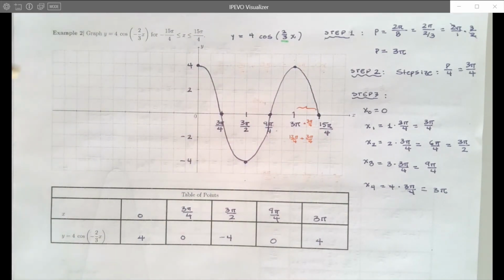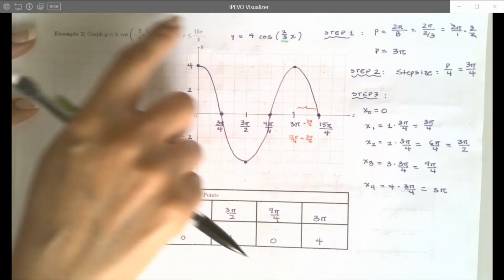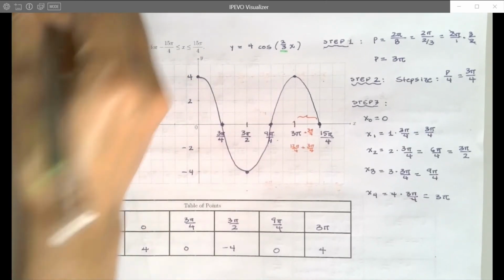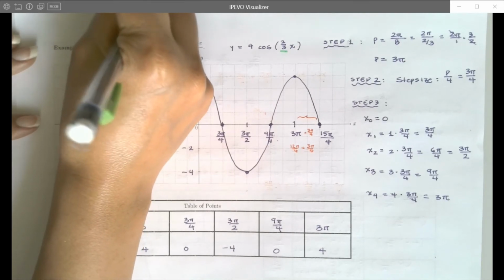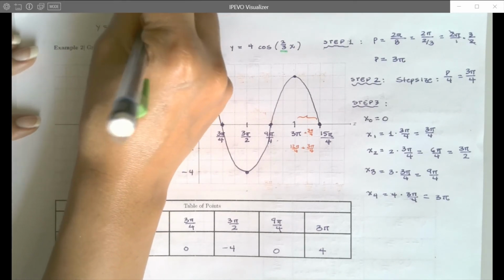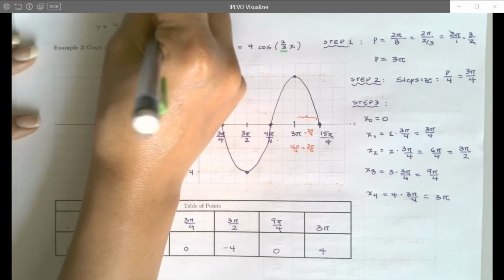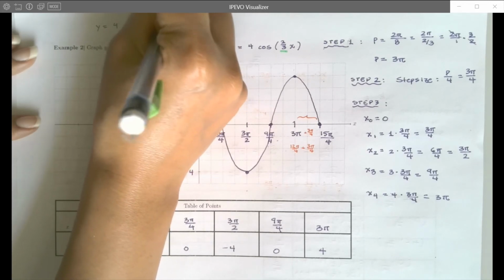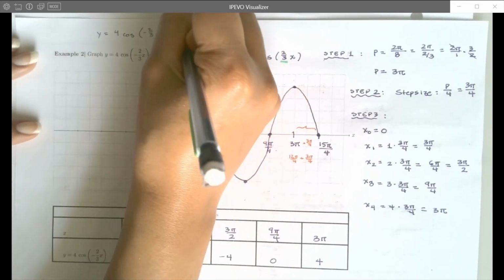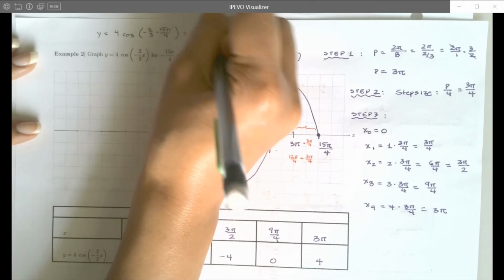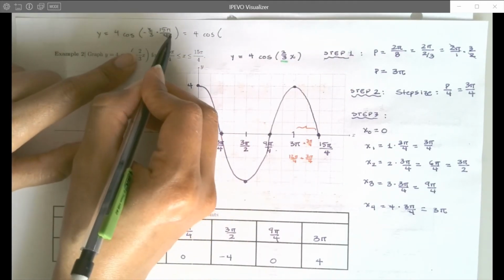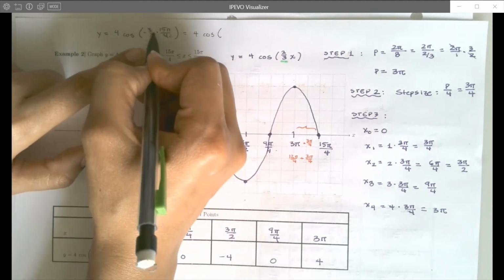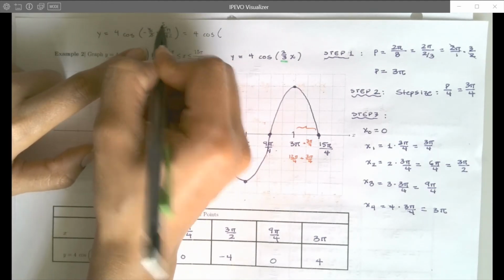But if we plug that into this equation, we're going to get y equals 4 times cosine of -2/3 times 15 pi over 4. And that's going to be 4 times cosine of, the 2 and the 4 are going to simplify to a 2, the 3 and the 15 are going to simplify to a 5.